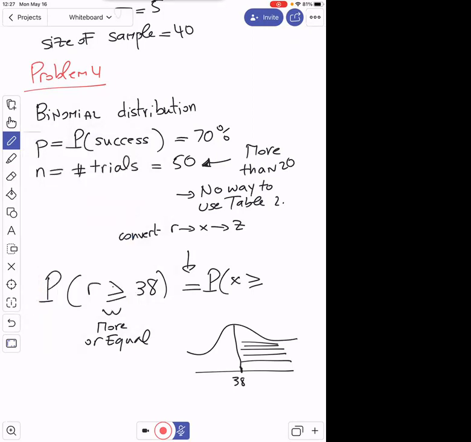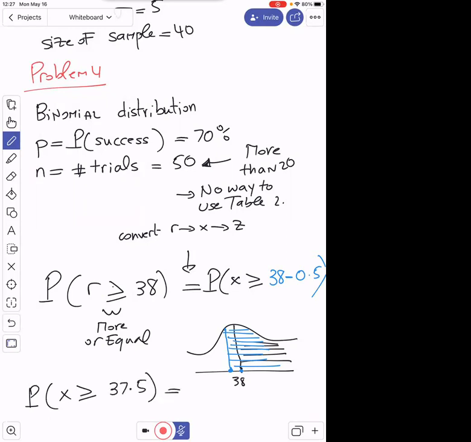You want to include the 38, so we need to move 38 a little bit to the left. So we subtract 0.5: 38 minus 0.5. You want your X to be more or equal to 37.5.